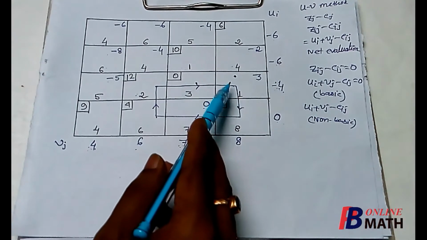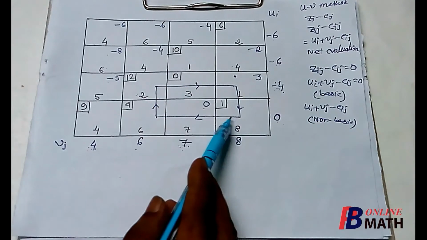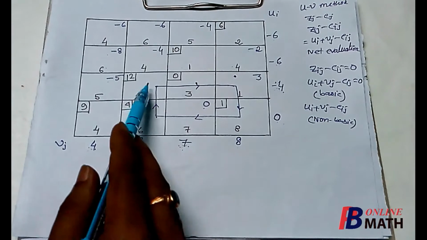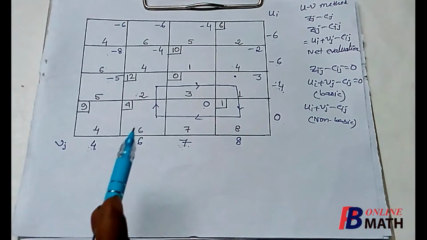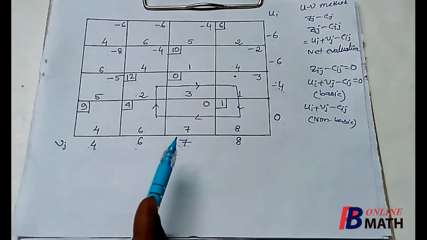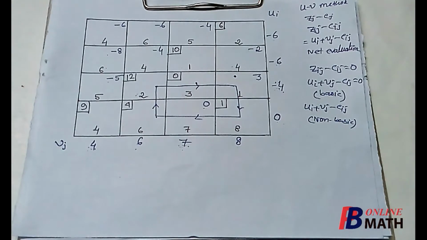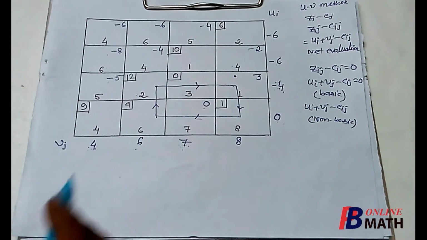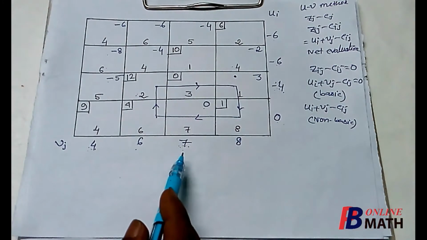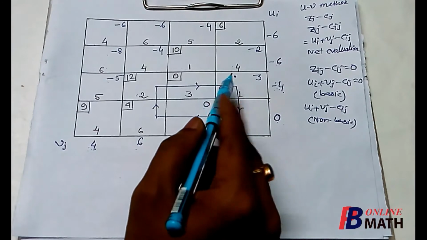So using this cell as one corner, we have to construct one loop such that the other corners are basic cells. If the solution is not optimal, then if we look carefully, we can easily find this loop within this problem. Once the loop is constructed, since this is our new basic variable, in the next step we shall find its value.